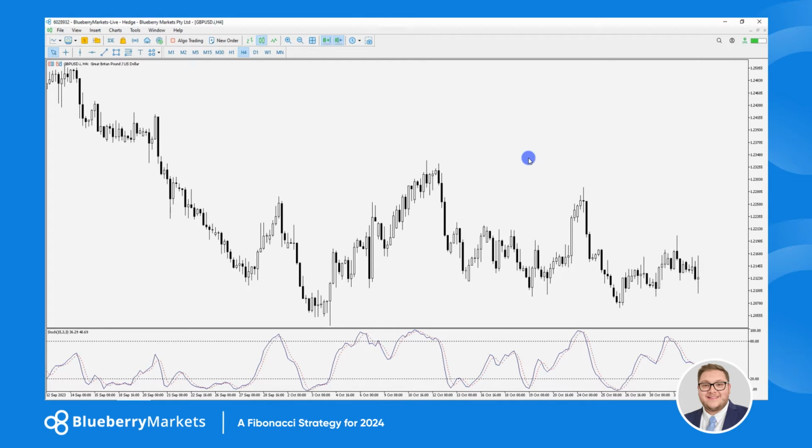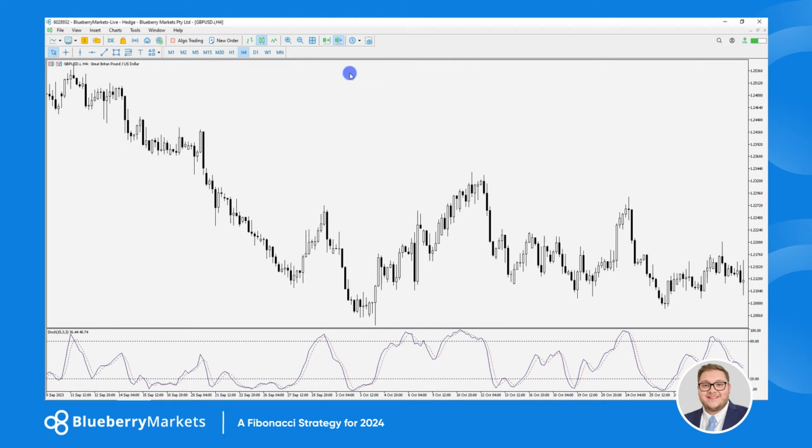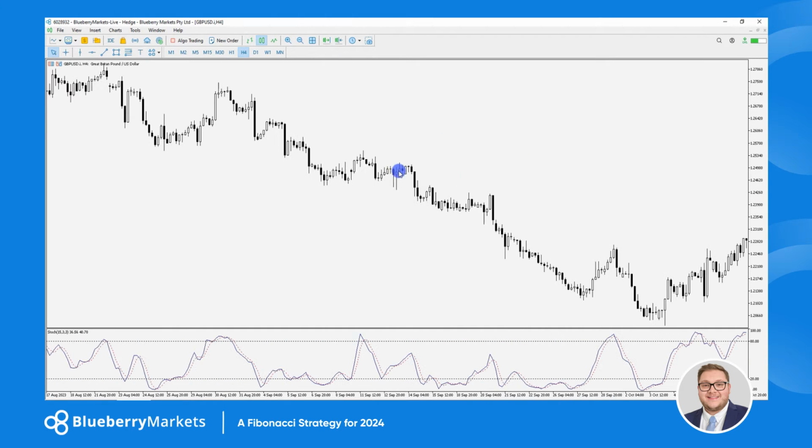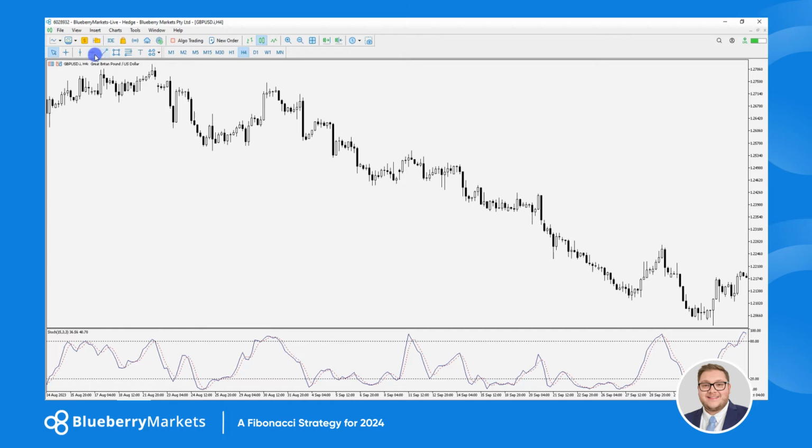Now, the way you want to do this is we want to find a trending environment. You can see here, if I scroll back a little bit, we have that trending environment from this high back here in August all the way down to this low. You can use moving averages as well to help you identify a trending scenario.